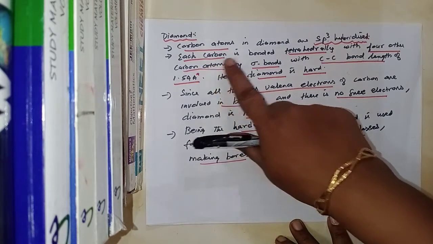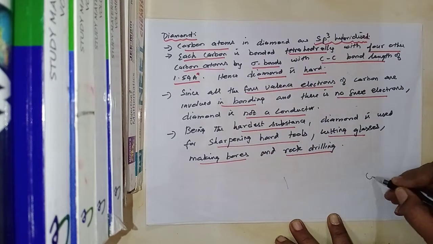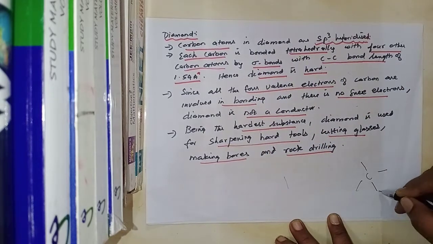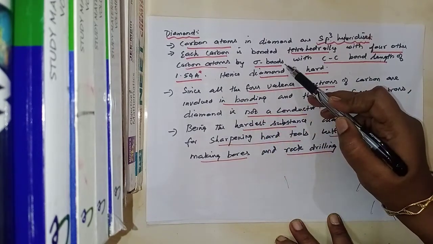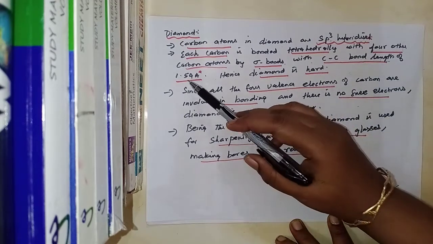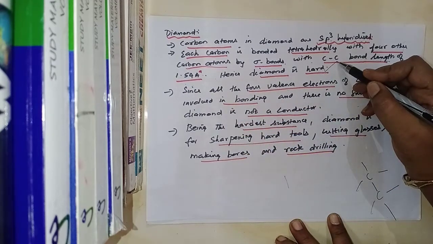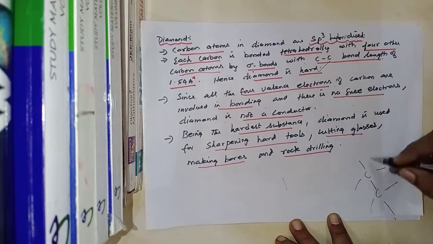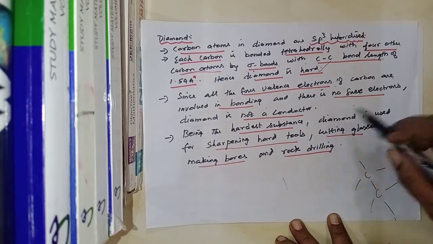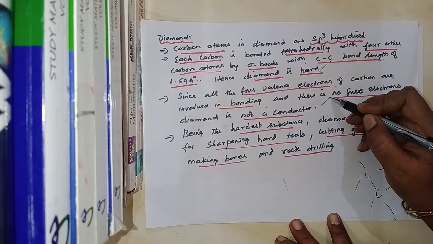In diamond, each carbon is bonded tetrahedrally with 4 other carbons by single bonds with a C-C bond length of 1.4 angstroms. Hence diamond is hard. All 4 valence electrons of carbon are involved in bonding, and there is no free electron in diamond, so it is a non-conductor of electricity.